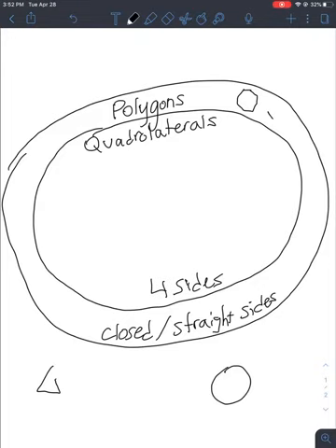So this would be a polygon, and then a quadrilateral with 4 sides would be maybe something like a trapezoid. Another polygon might be a triangle. It's a closed shape and it has straight sides, but it only has 3 instead of 4.